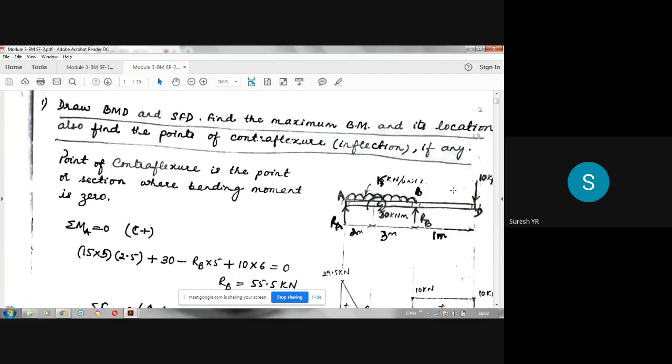Like that also you can do. The minus 10 into x2 will come. Then plus the RB value, which is 55.5, into this distance, which is 1 meter, so it becomes x2 minus 1.